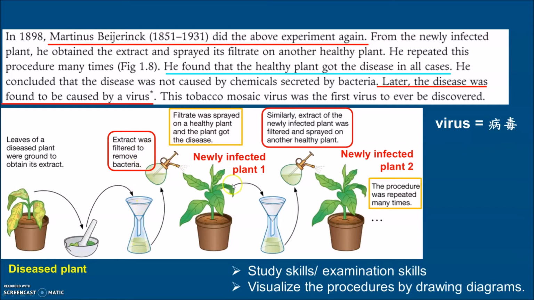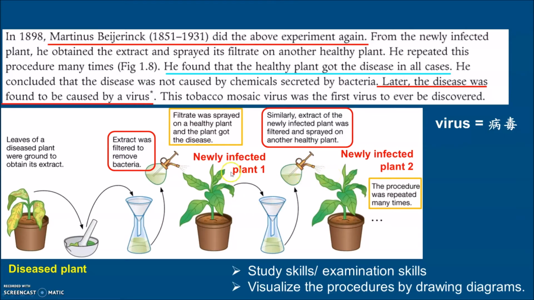So that means the newly infected plant 1, plant 2, plant 3, plant 4, plant 5 only contain the filtrate, they only make contact with the toxin. Only the toxin will infect the plant.